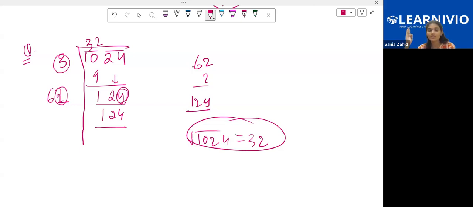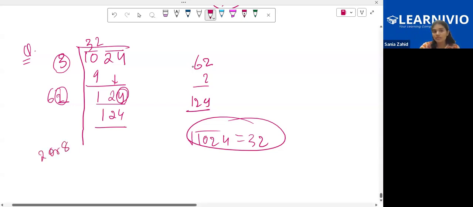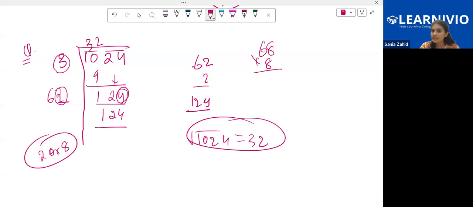That doesn't give you 4 at last. 5 into 5 is 25. 6 into 6 is 36. 7 into 7 is 49. 8 into 8 is 64. So you can write 2 or 8. Now, if you write 8, you will get a bigger answer. So you can't write 8. So check for 2. Yes, you can write it. That is how you get the answer.